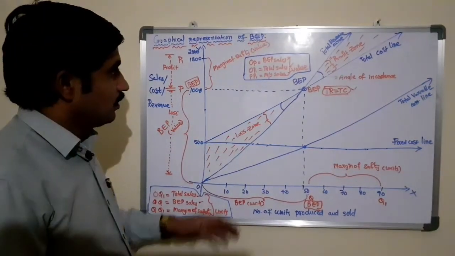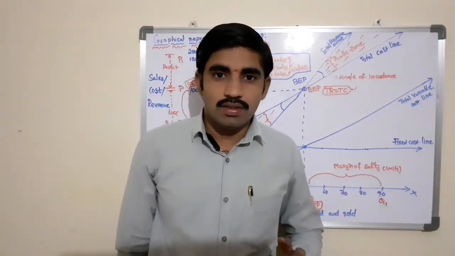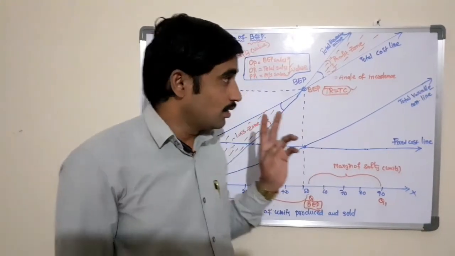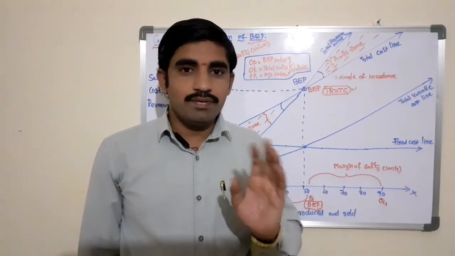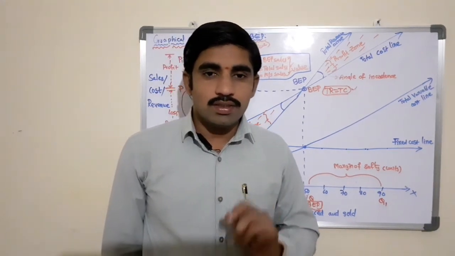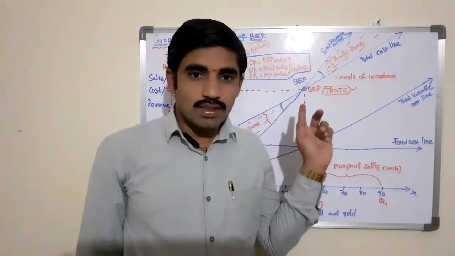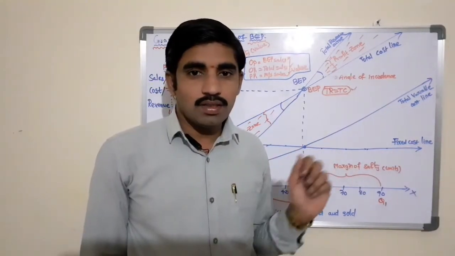See, in this video we have discussed the two important concepts, that is break even point schedule and break even point chart. Break even point schedule is the schedule which is used to construct the break even chart or the break even point graph.